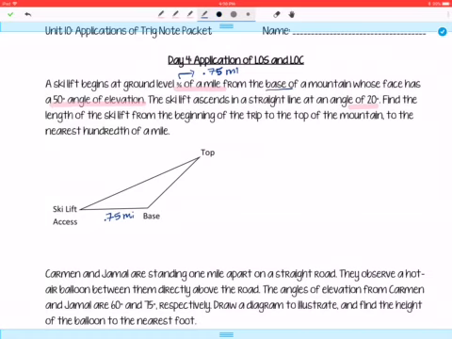So if you imagine that this is our mountain, then at the base of the mountain, that angle is 50 degrees. So from the base looking up, if we were to extend this side, this angle would be 50 degrees. All right, the ski lift ascends at an angle of elevation of 20 degrees. And the length that we're looking for is the length of the trip from start to finish.